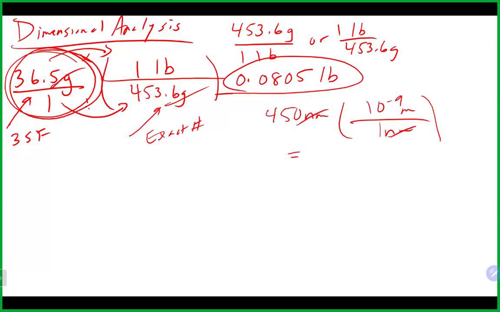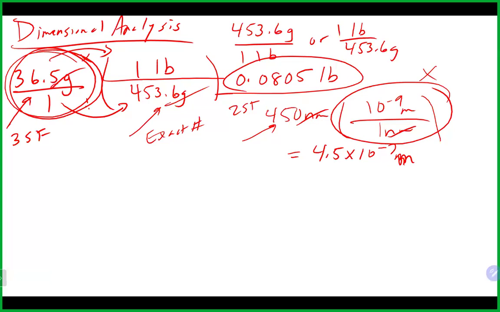Here, this would be 450 times 1 times 10 to the minus 9, which gets you 4.5 times 10 to the minus 7 meters. In this case, this would definitely be an exact number, so we're not worried about this at all. We would default here. This has only 2 sig figs, which is why in scientific notation we would go 2 sig figs.